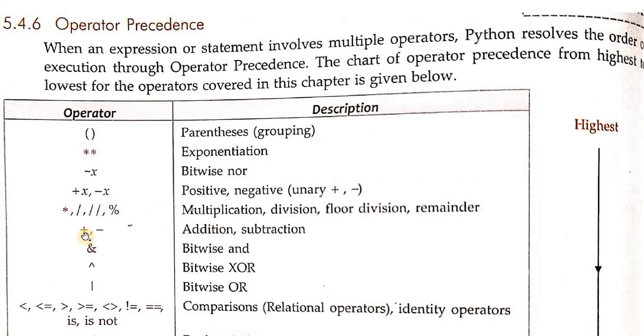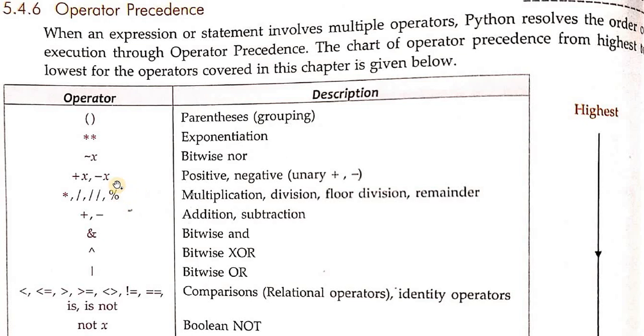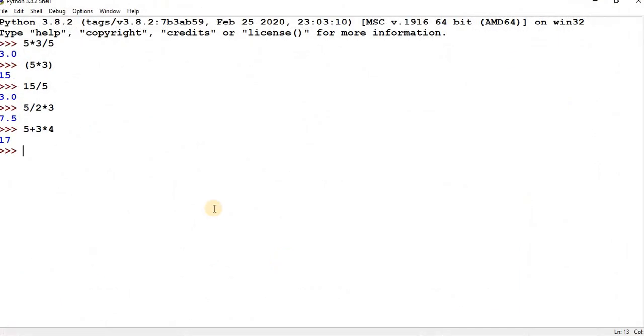Now these plus and minus, addition and subtraction operators: whenever arithmetic operators are used, all the operators above have more priority than these. Here plus and minus both have the same level of priority, and same level of priority means whichever appears first will execute first.